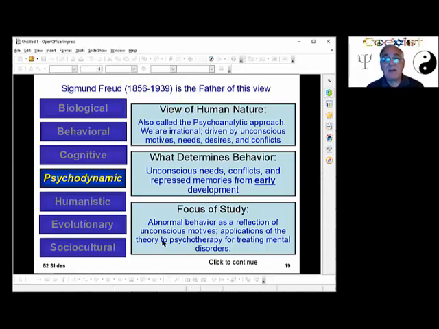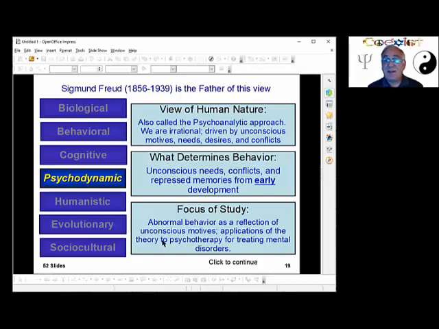Every pathology, every problem that occurs, no matter how old you are, occurs because of something that happened to you in the first 20 years of your life, and most because of just the first 5 or 6 years of your life. And we'll study that, the psychosexual stages it's called. We'll talk about those in another unit.